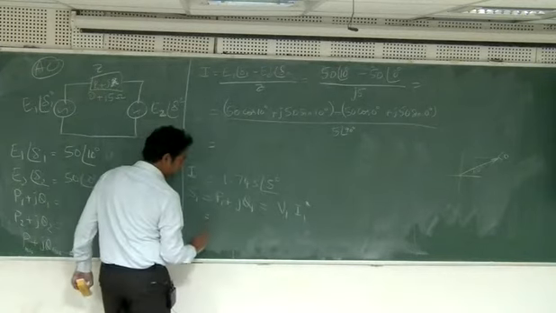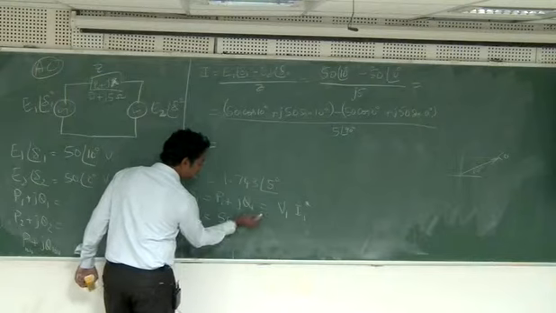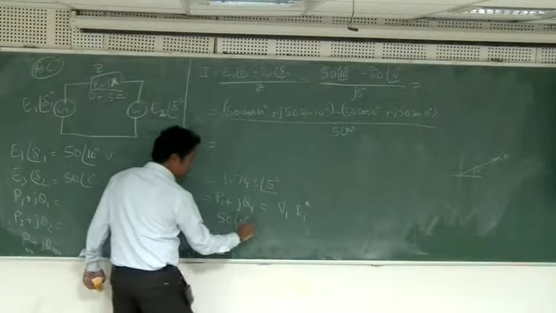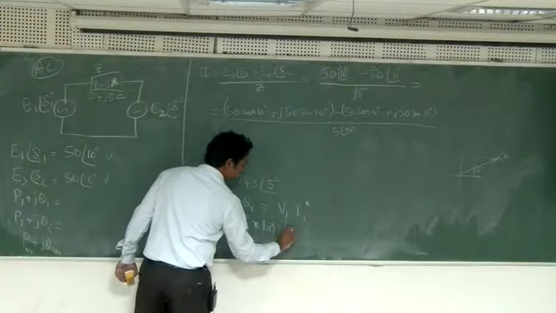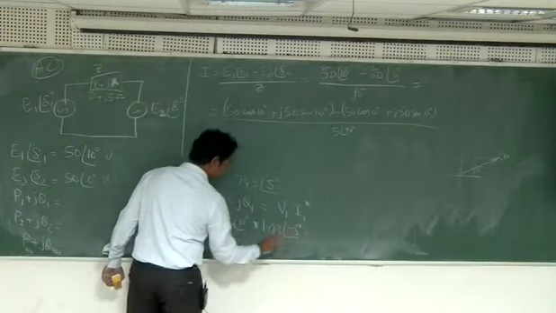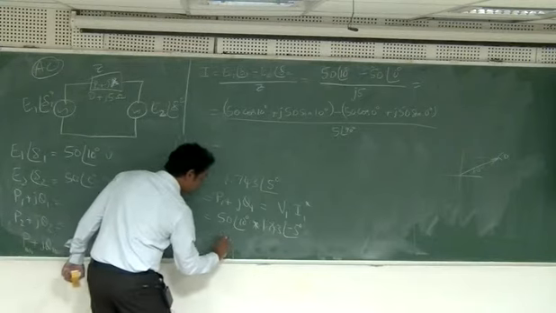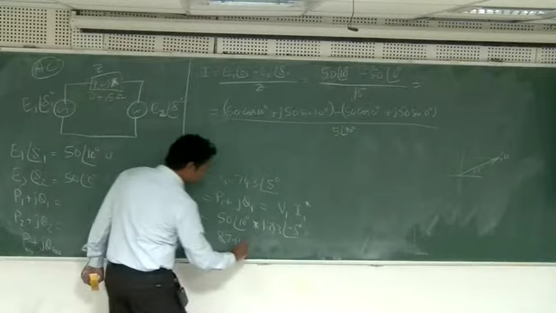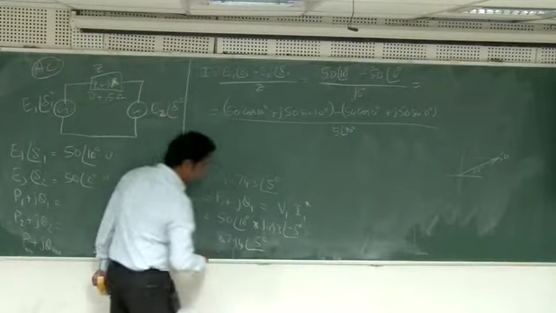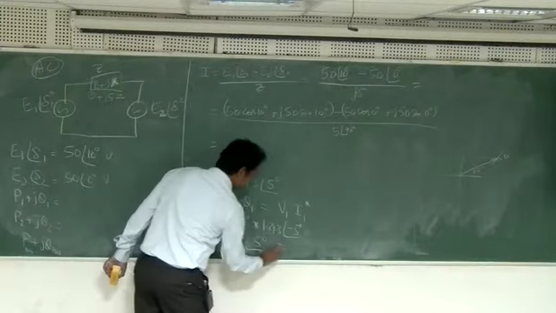What is V1? 50 angle 10 degrees multiplied by 1.743 angle minus 5 degrees. How much is this? 87.14. Let's round it to 5 degrees. Can you again split it into P1 and Q1?